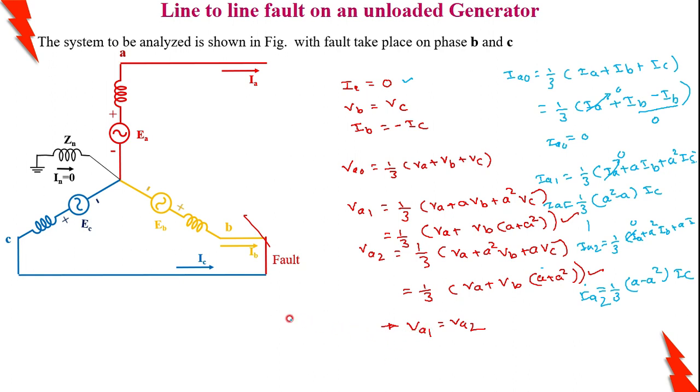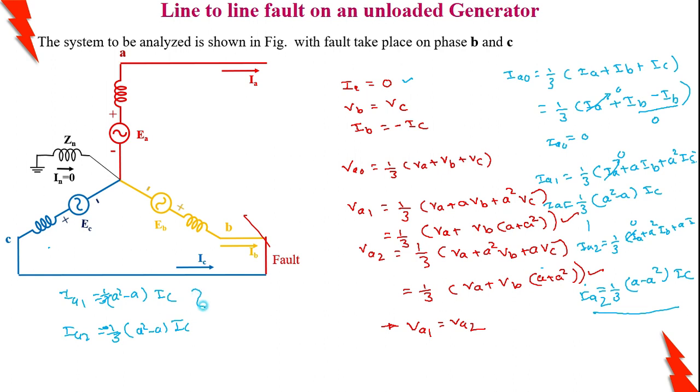Therefore, the value of IA1 is (a² minus a) IC, whereas IA2 from this relation is 1/3 times (a minus a²). Taking the minus outside, I am also getting (a² minus a) into IC.